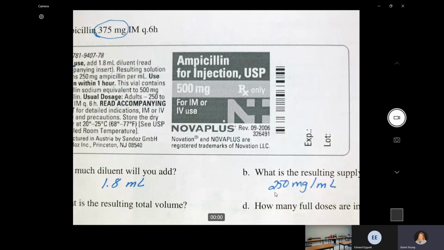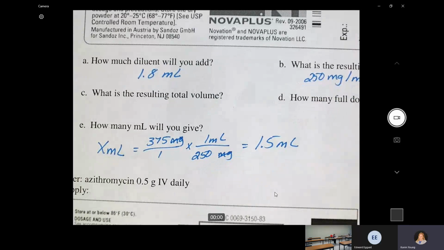So 1.5, I've got to do the math, hang on. I'm slow sometimes because I hide my calculator from me. 375 divided by 250. Yeah, I got 1.5 milliliters. And there's how I set it up.